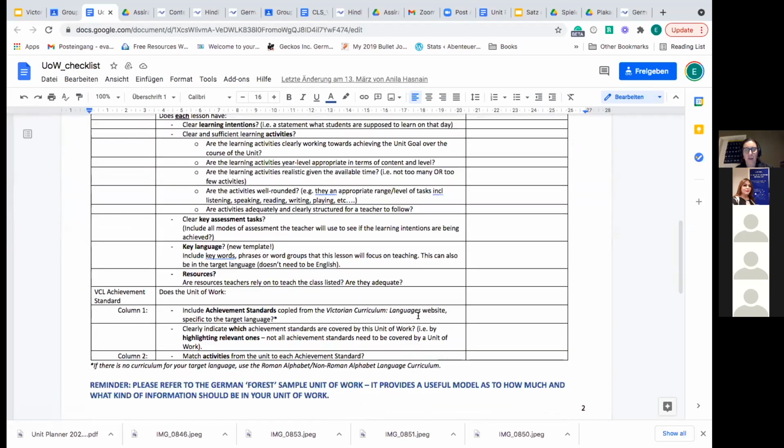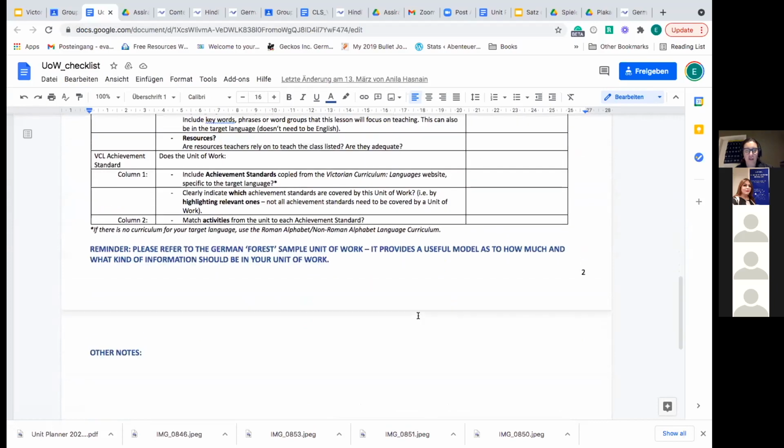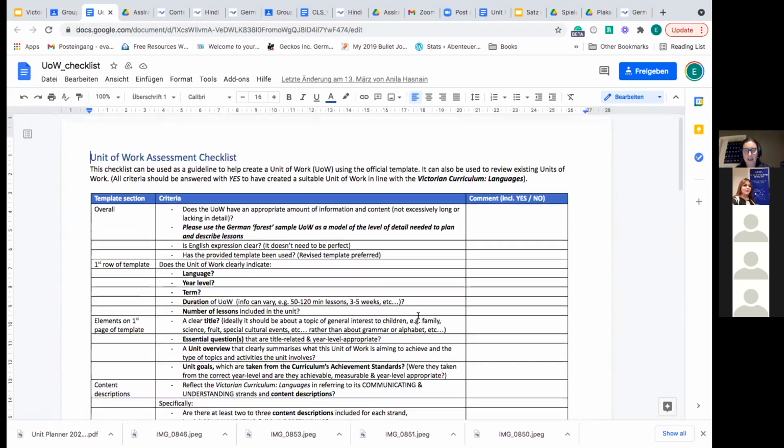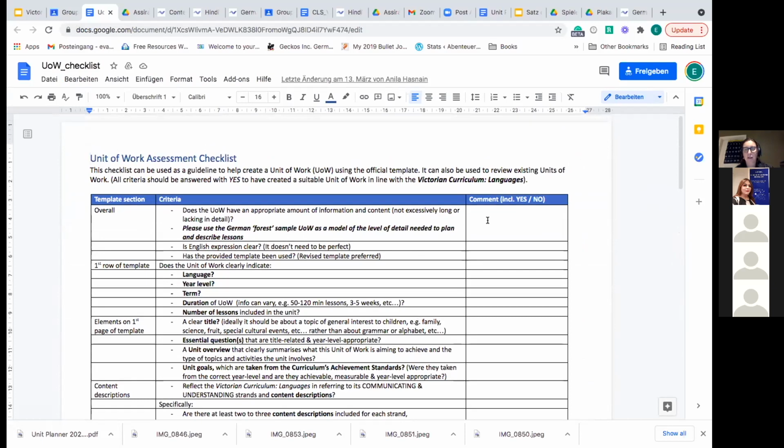Anila did a really, really great job to put all the information in this checklist to make it easier for everyone to follow along and see, okay, I put the language in, I have the year level right, the term is right, the duration, I checked that. What is my essential question? Is the title related and year level appropriate?